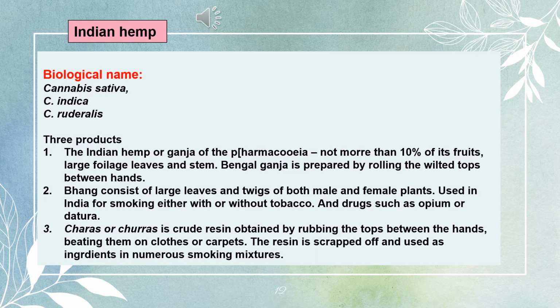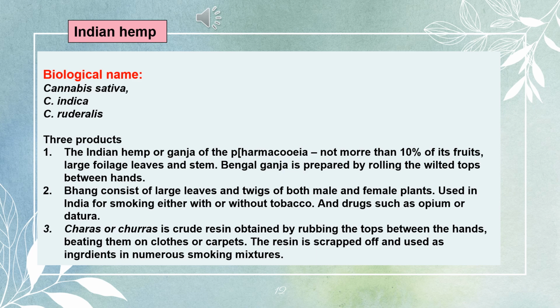Indian hemp. The botanical name of Indian hemp is Cannabis sativa, also Cannabis indica and Cannabis ruderalis. These are the species producing three products which mainly produce hallucinogenic effects.